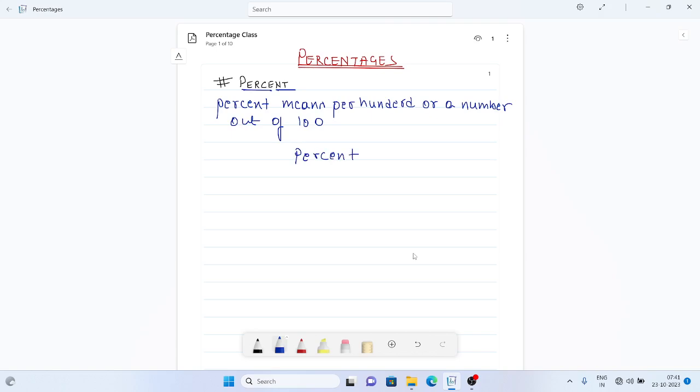Remember that percent means per 100 simply. So whatever you calculate here, you always take the base value as 100.